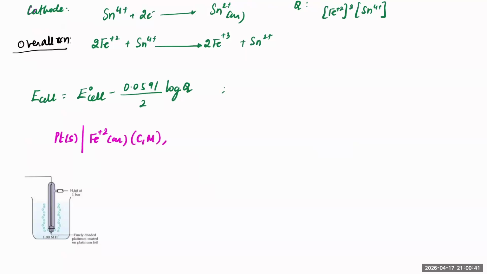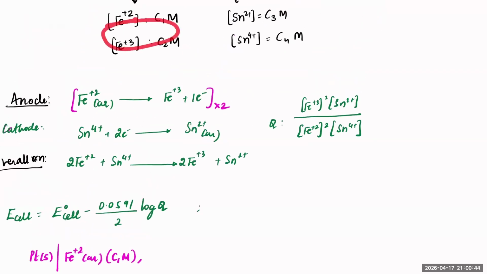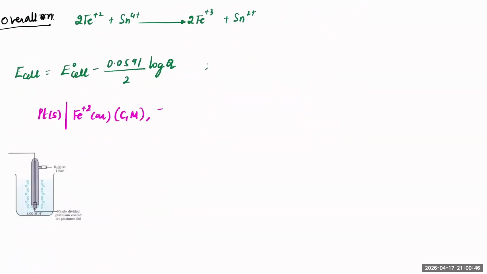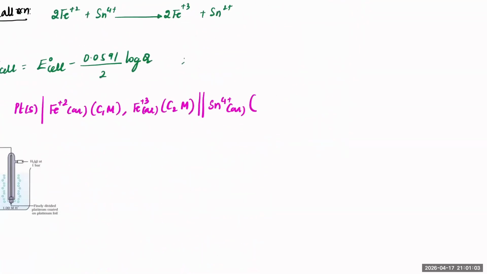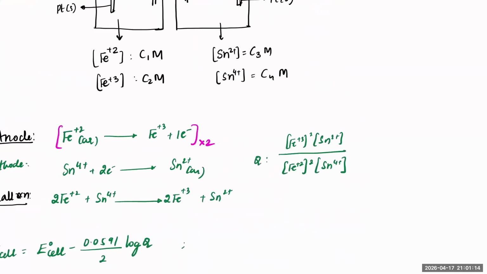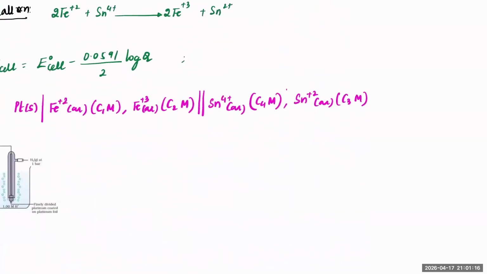Then you'll write a comma because both of them are in the same phase here. Then we'll write Fe plus 3 aqueous at C2 molar concentration, and then a double bridge. Then we have Sn4 plus ion maintained at concentration C3 molar, and then a comma because again the Sn plus 2 is in the same phase, with C4 molar concentration, and then a line with platinum solid.